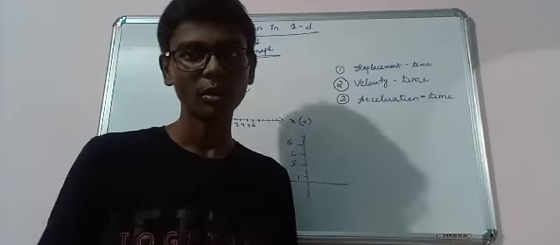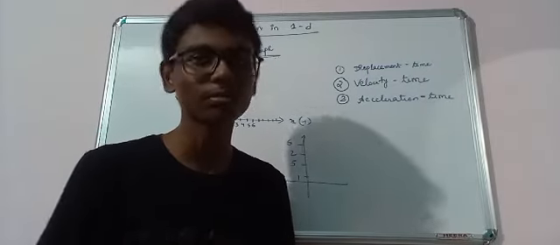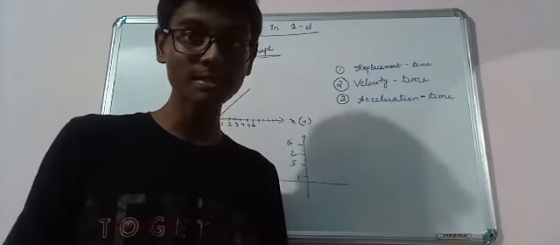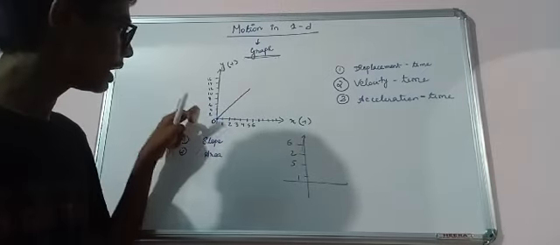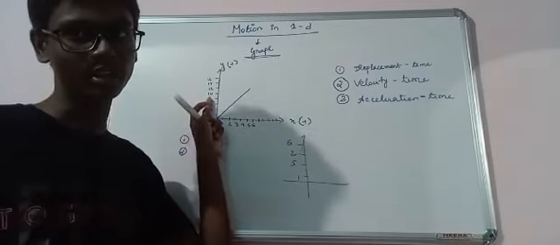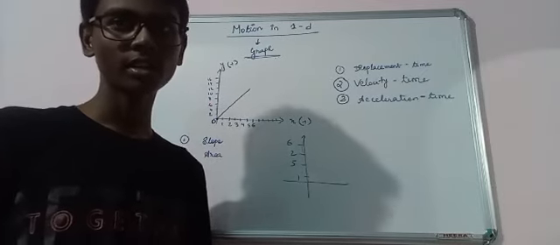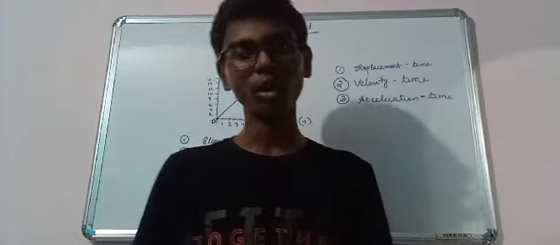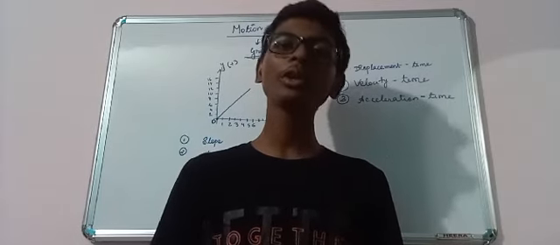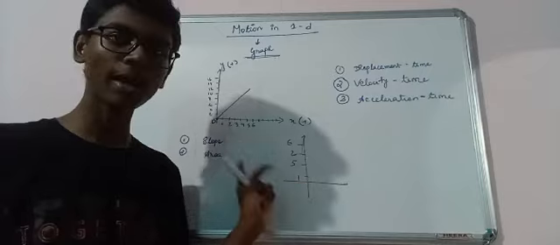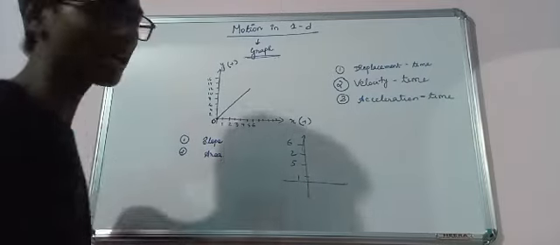Whatever the question has told you, you have to be specific about one thing: the markings that you are doing have to have some relation. Either you increase it by 2, or by 10, or by 5, but it cannot be random. The same goes for your time axis.